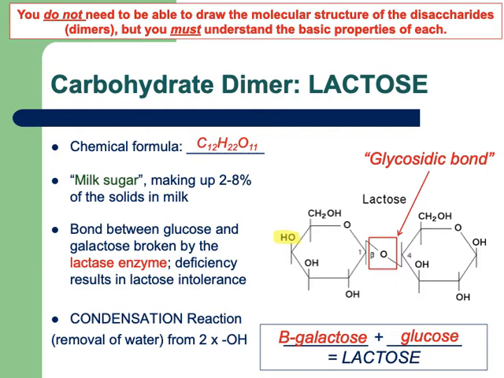Okay, so it's a combination. Remember, two monomers come together to form a dimer or a disaccharide, two sugars together. It's formed through a condensation reaction where we are removing water and forming a glycosidic bond where the two molecules are sharing an oxygen.